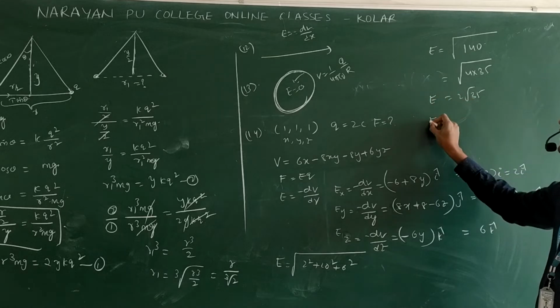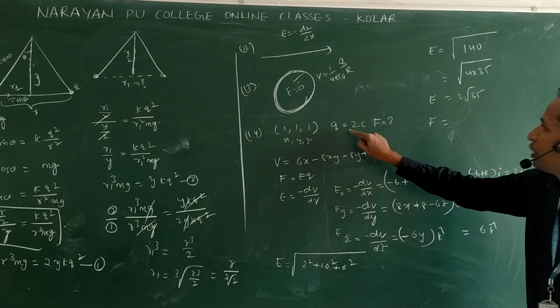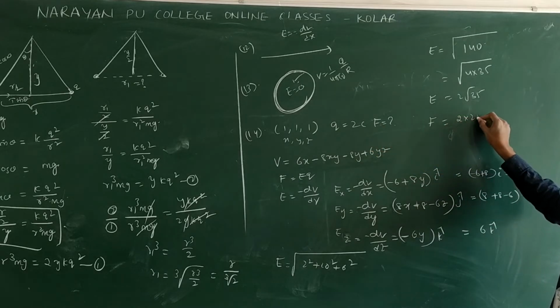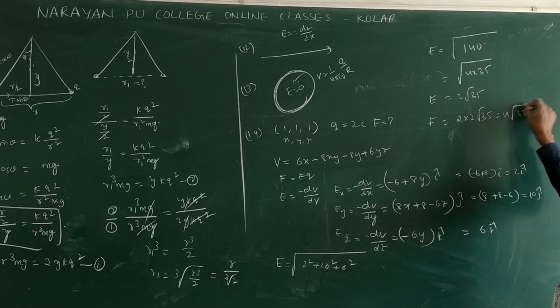That is only E. They ask the force. Force formula is E into Q. Q is 2. So 2 into 2 root 35, so 4 root 35. Clear?